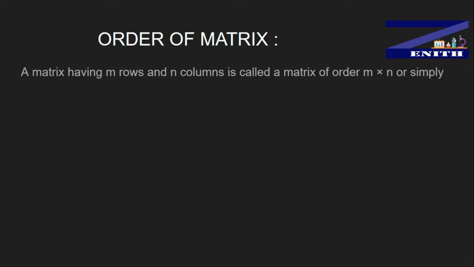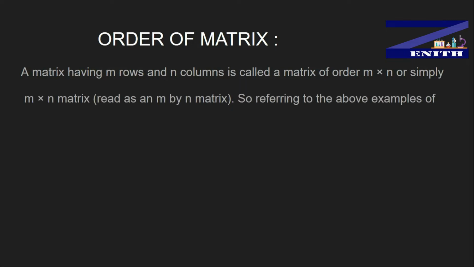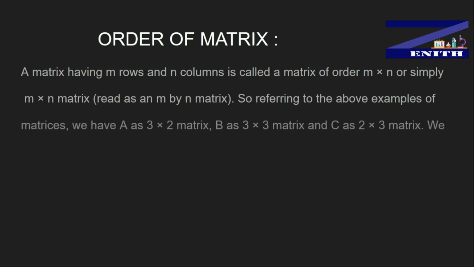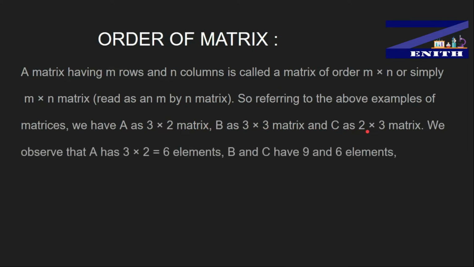Suppose, guys, a matrix having m rows and n columns is called a matrix of order m cross n, or simply an m cross n matrix. Referring to the above example of matrix, suppose A is a 3 cross 2 matrix, B is a 3 cross 3 matrix, and in the end we have a matrix C which is a 2 cross 3 matrix. We observe one thing, guys: for A, if you multiply the number of rows and columns, 3 into 2 is equal to 6.